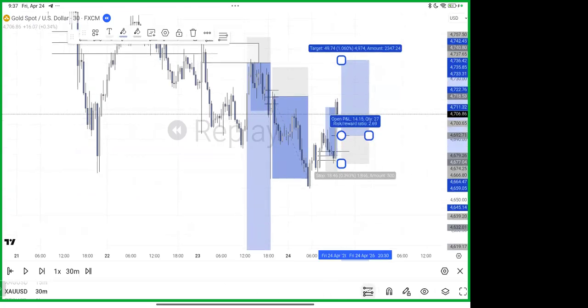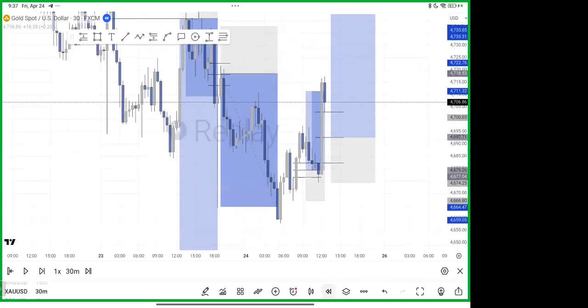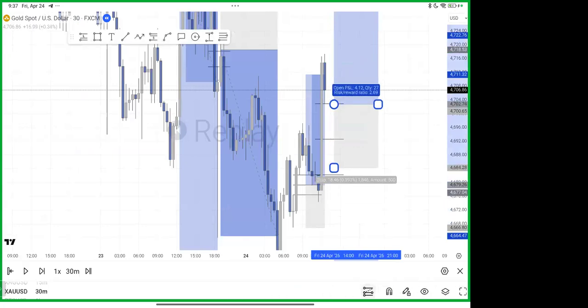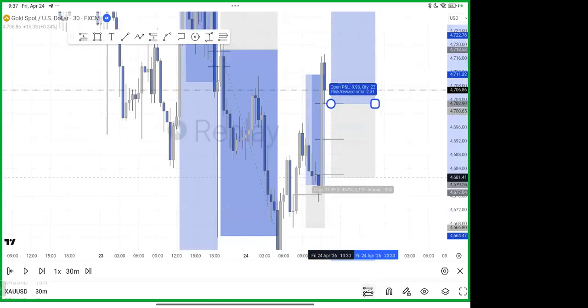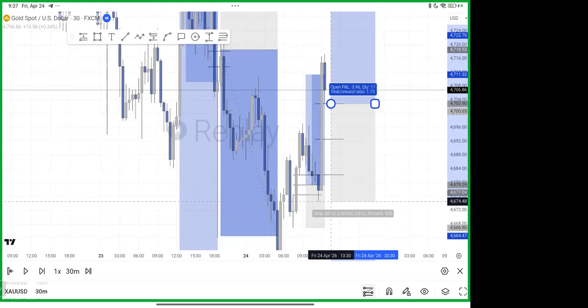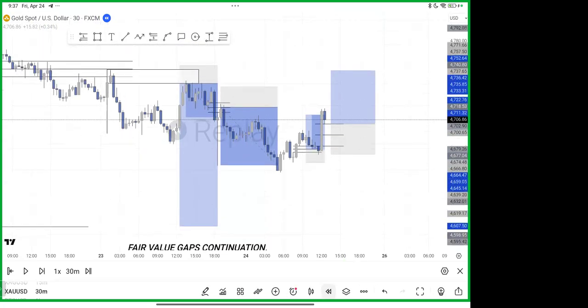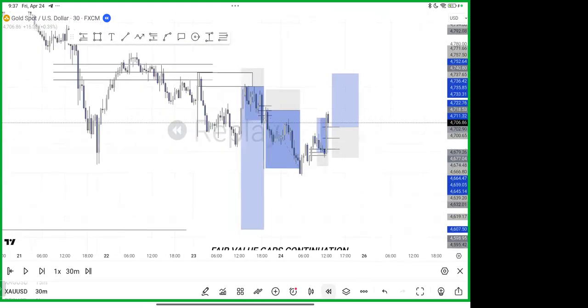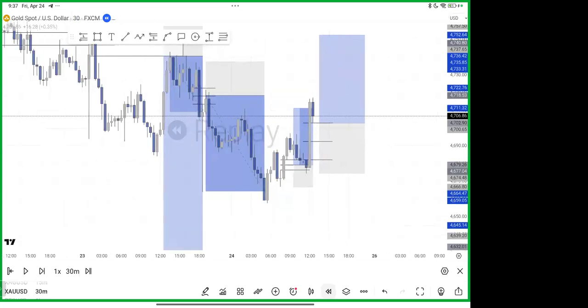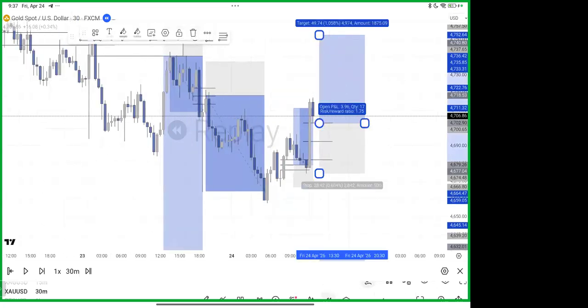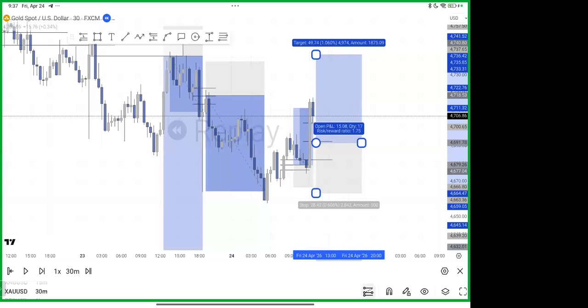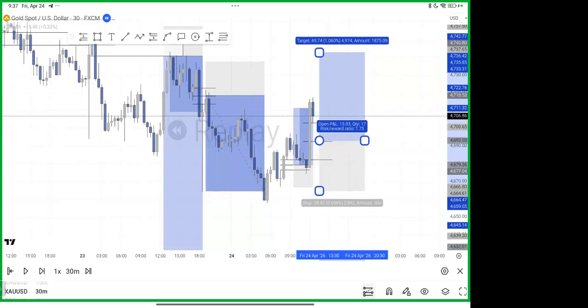So that's 2.69. But if we are supposed to use the surface, entry would have been here, stop loss would have been here. It would have been 1.75. So you can see the usefulness of using a Fibonacci. So we went from 1.75 to what?